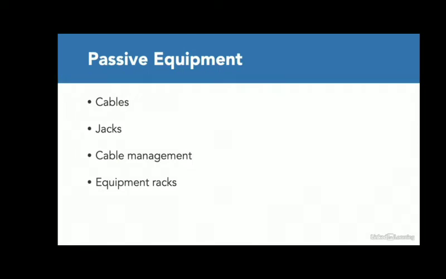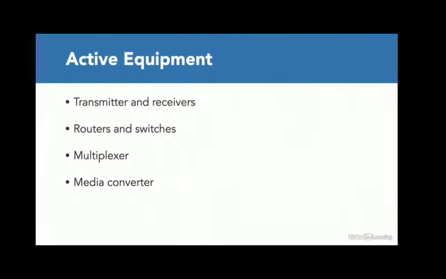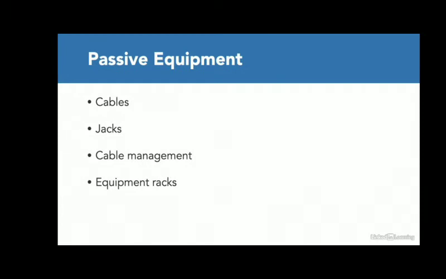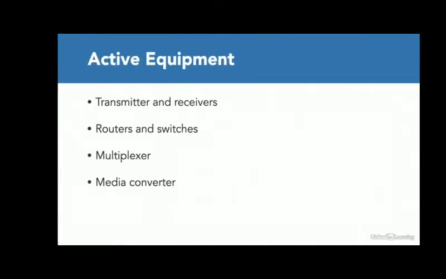So in connections, you have passive equipment and active equipment. Passive equipment is like the roads in which information can travel, while active equipment is like the destinations which send or receive the information.